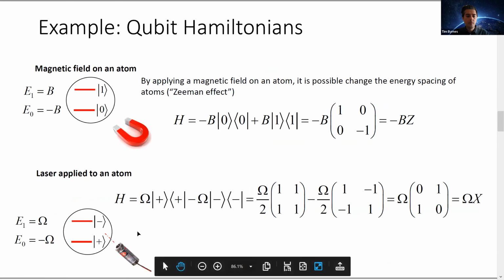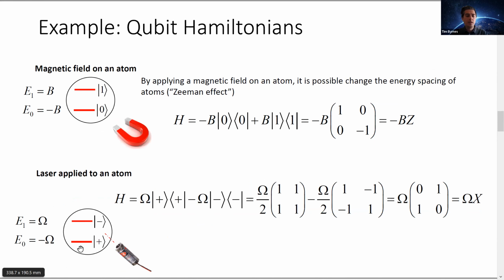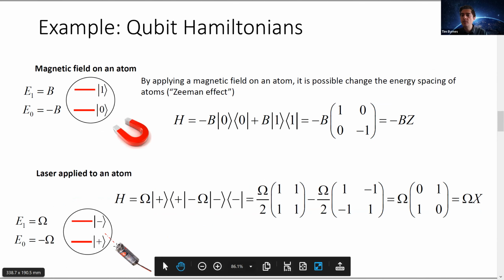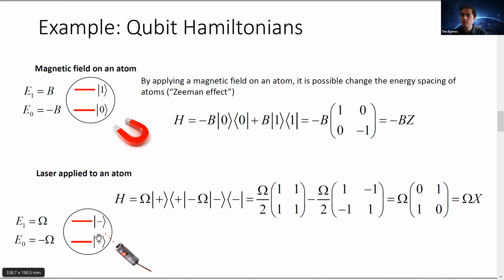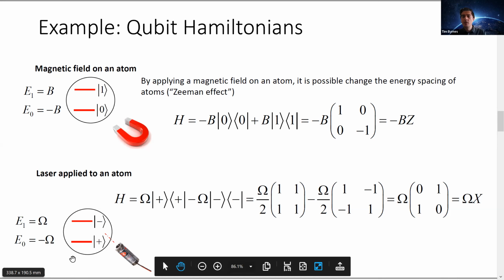For example, again, I'm not really going to explain why in terms of physics, but say you shine a laser, tuned to the right frequency, onto an atom. It turns out that what this does is, again, assign two states different energies. But the states are not just 0 and 1.